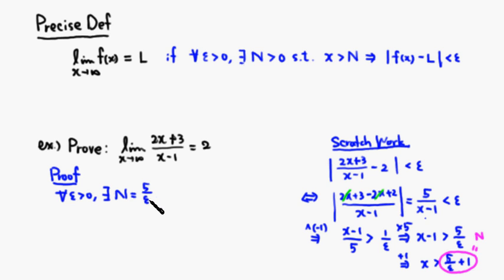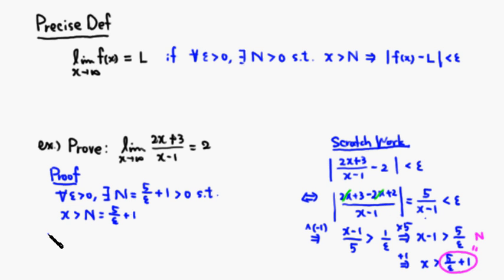Epsilon is a small number, so 5 over epsilon could potentially be really big. So that's positive, such that if you assume that x is greater than this n, which is 5 over epsilon plus 1, then we can just go backward.